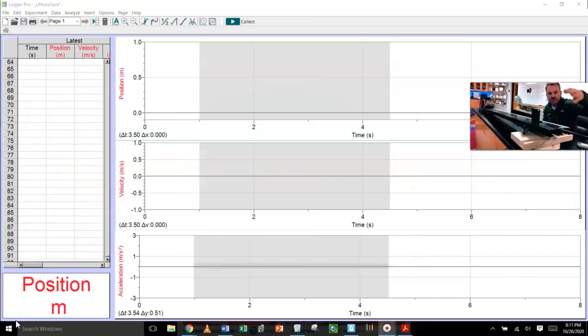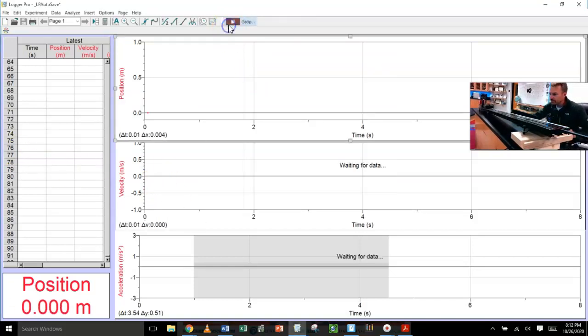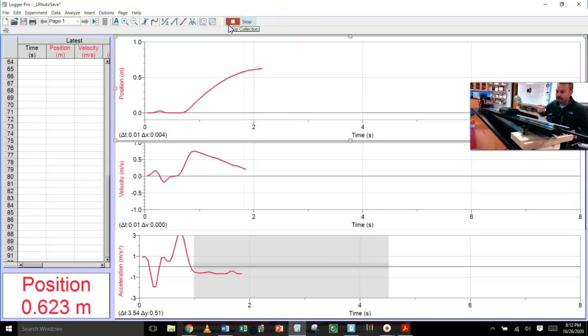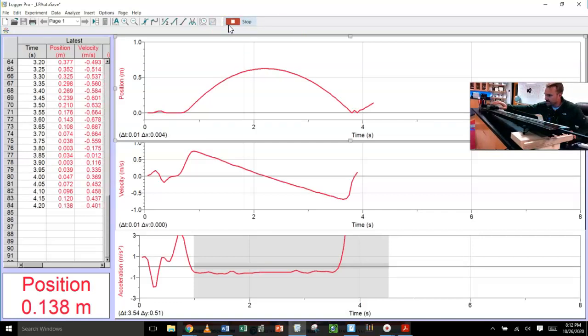So maybe you can tell, maybe you can't, but I stuck another 2x4. I've got a bunch of 2x4 blocks that I'm going to stick underneath this ramp, and I'm at 3.2 degrees. So that's our next x, 3.2 degrees. And now I'm going to find my acceleration. Nice.